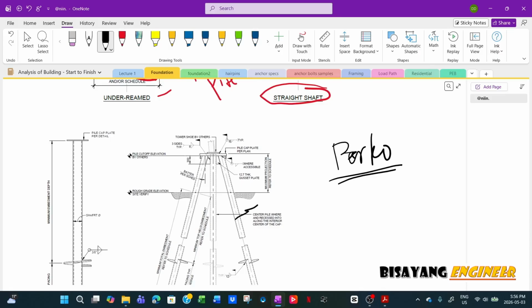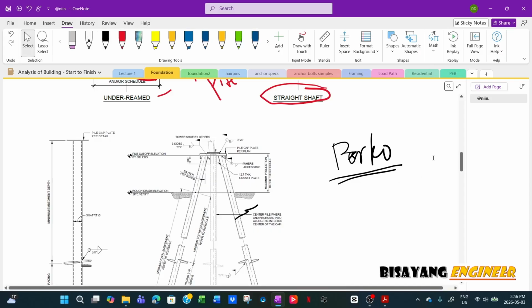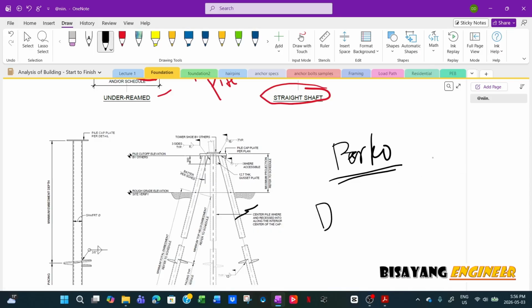This is not new, but only recently have engineers started using this again. Even the Deep Foundation Institute, DFI, issued a foundation design guide, a manual for designing this type of foundation, in 2015 or 16.